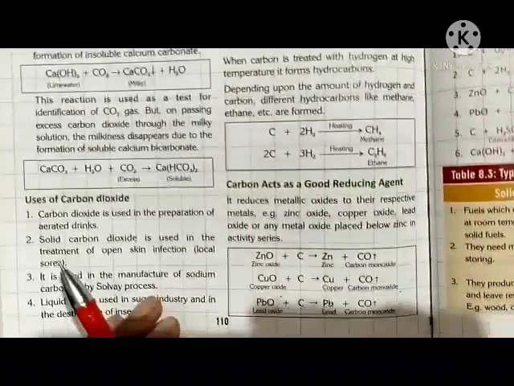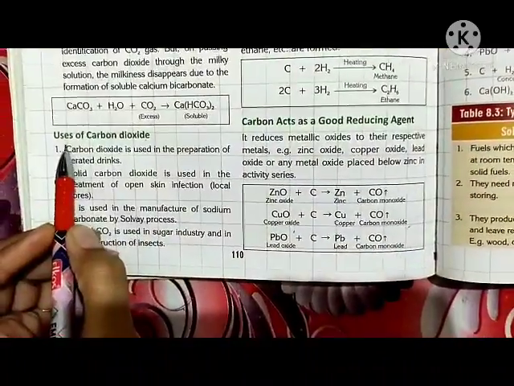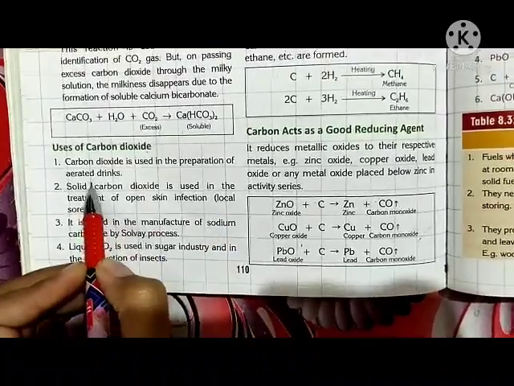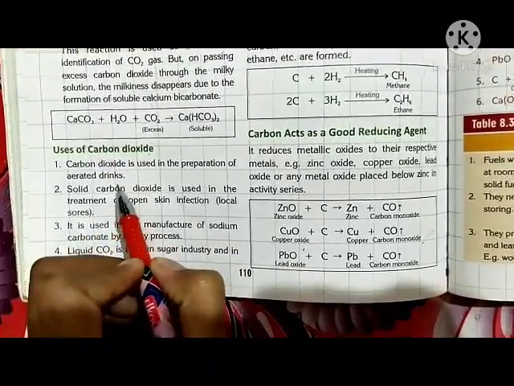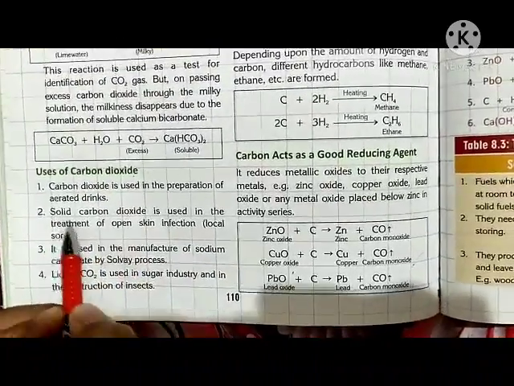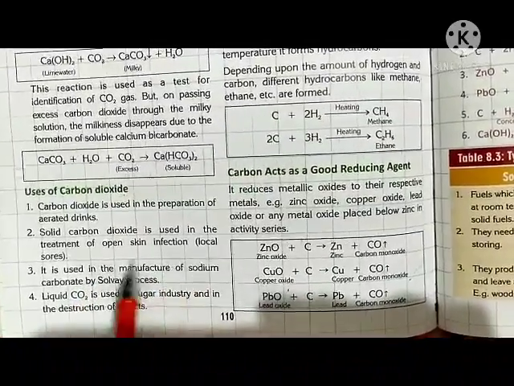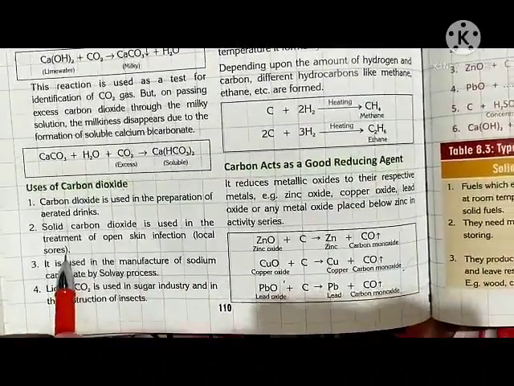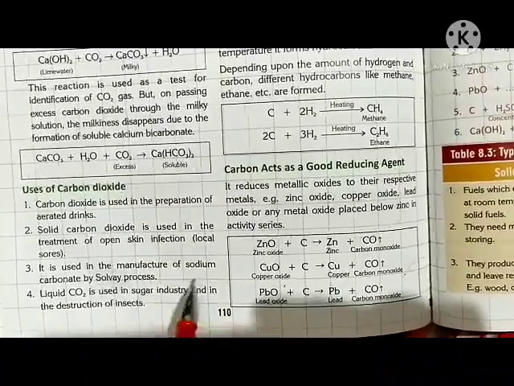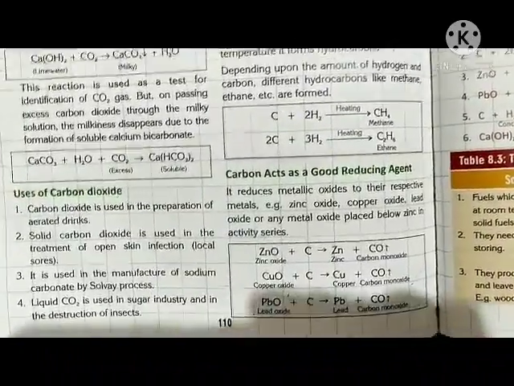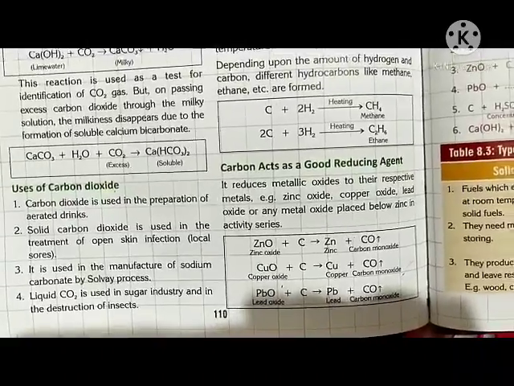Uses of carbon dioxide. Carbon dioxide is used in the preparation of aerated drinks, meaning cold drinks. Solid carbon dioxide is used in the treatment of open skin infections like local sores. It is used in the manufacture of sodium carbonate by the Solvay process.